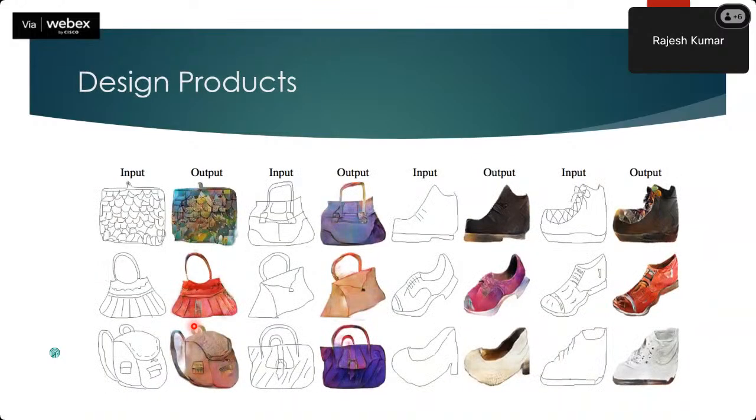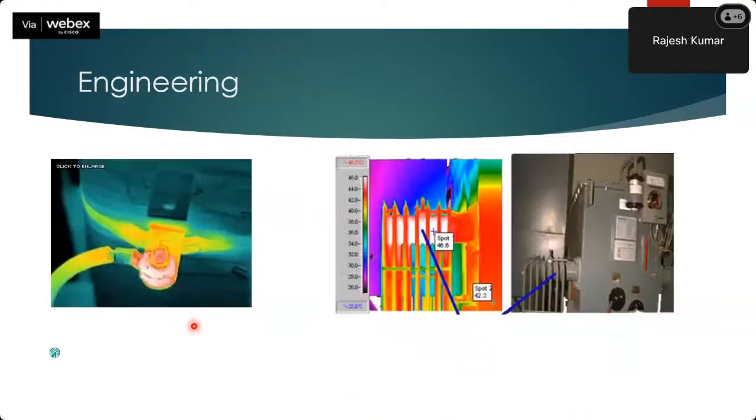Product design is full of it. You give an input, and based upon your design, or the consumer preferences, what the consumer searched or purchased, it will automatically do the coloring and design the product for a consumer. So it's customized designing of things.